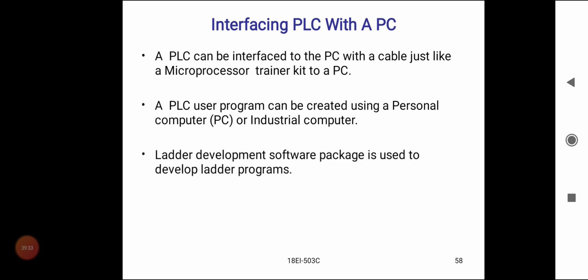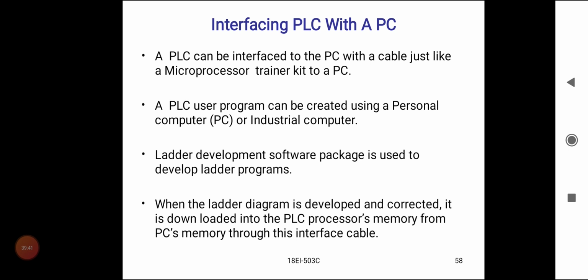A ladder development software package is used to develop ladder programs. When the ladder diagram is developed and corrected, it is downloaded into the PLC processor's memory from the PC's memory through this interface cable.